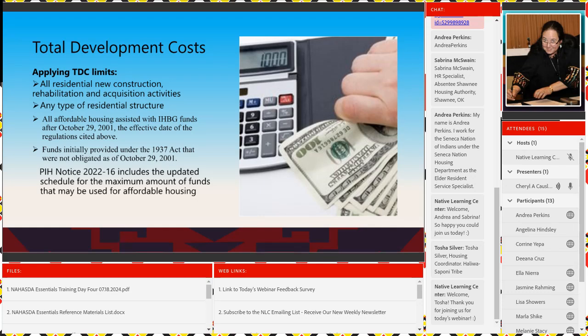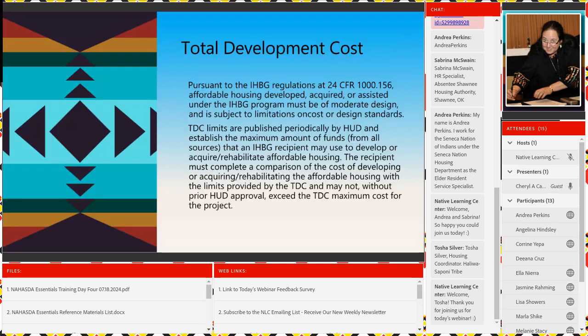The newest TDC, and they publish them every couple of years, are 2022-16. It includes the updated schedule for the maximum amount of funds that can be used for affordable housing. Pursuant to the regulations at 1156, affordable housing developed, acquired, or assisted under your block grant program has to be of moderate design. It's subject to limitations on cost or design standards.